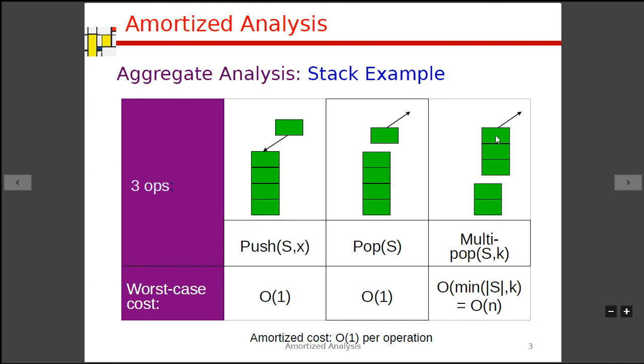So here 5, 4 and 3, these three elements will be removed, and every time we will have to compare with the element which we are searching. At this particular place, we are identifying element 2. So here multi-pop has been executed thrice. So this is how the multi-pop operation works.